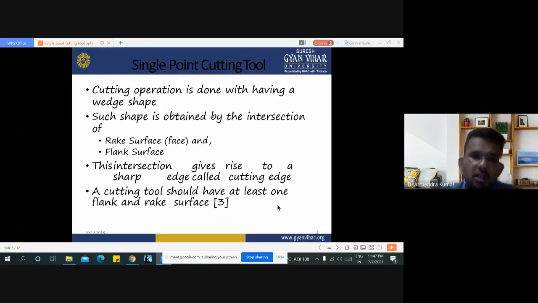A cutting tool should have at least one flank and a rake angle. Then if the cutting tool consists of one flank and the rake angle, this gives an intersection, or one cutting edge, for cutting purpose.